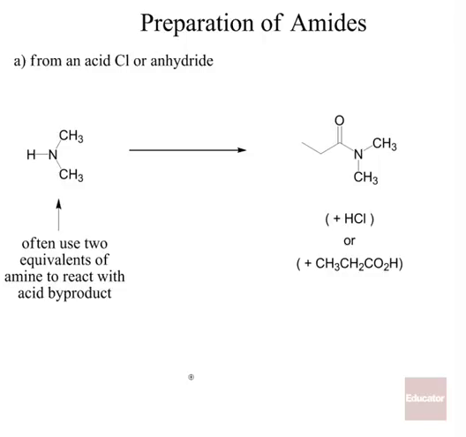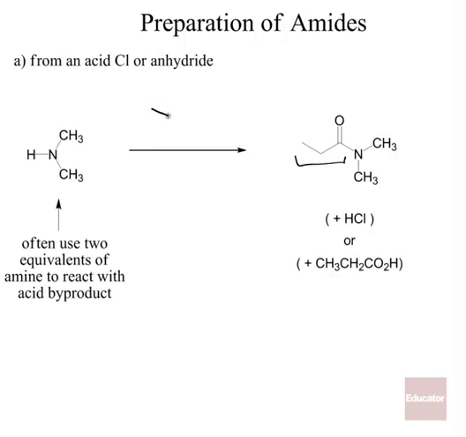First of all, we can start with our acid chloride or anhydride. Remember, those are the two best leaving groups, and that would be a great way to make an amide. For example, if I started with this amine and I wanted to make this amide, I just added a 1, 2, 3 carbon carbonyl.